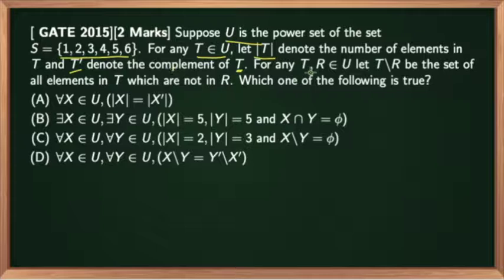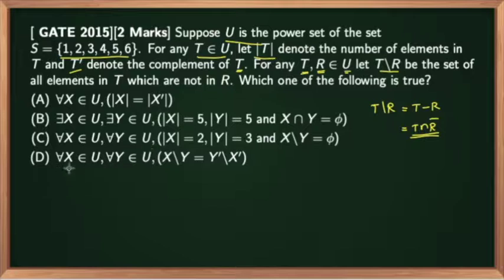Now it's given that for any t comma r element of U, let t by r be the set of all elements in t which are not in r. That means it's equal to t minus r, right? So we know that t minus r is t intersection r bar.